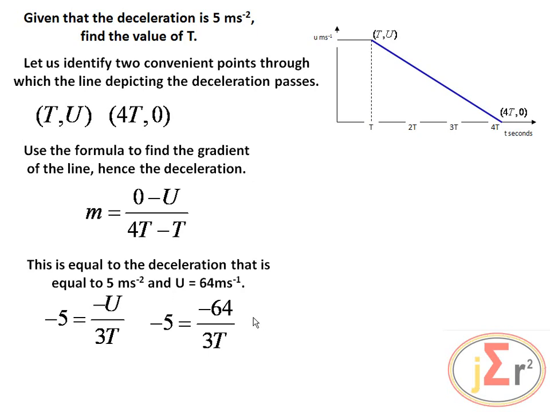And of course, we are going to make use of the fact that u is equal to 64, and we are going to transpose that expression in order to find the value of t.